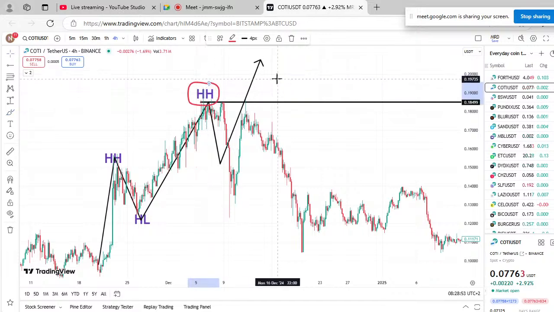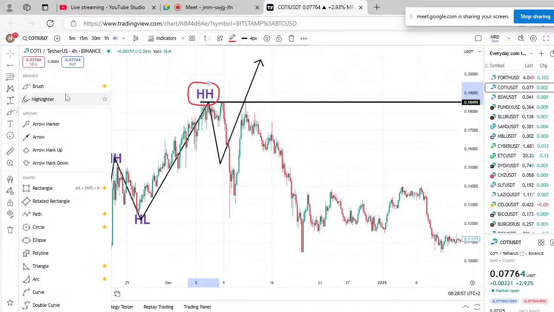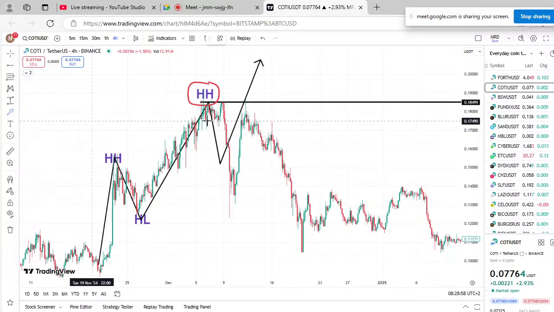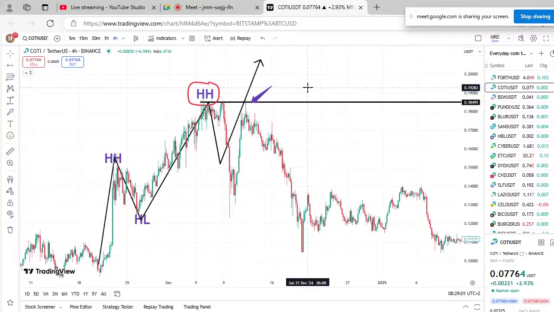Okay? So, whenever you see the market failing to break the previous high, like here, put in your mind that this is an indication of a downtrend.